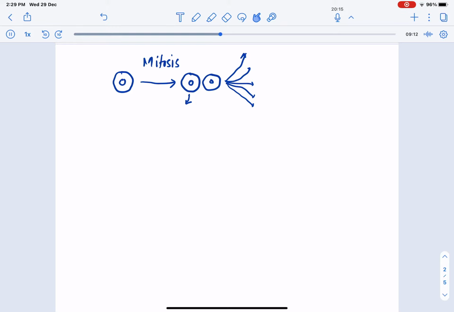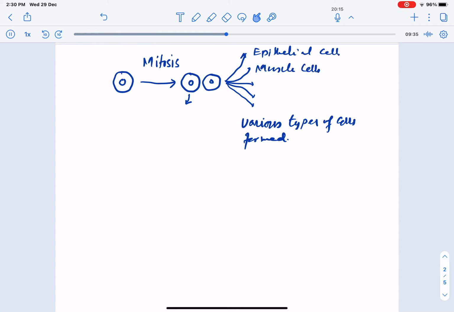So various types of cells are formed. Maybe this has epithelial cells, maybe it is muscle cells, maybe it is nerve cells, blood cells.